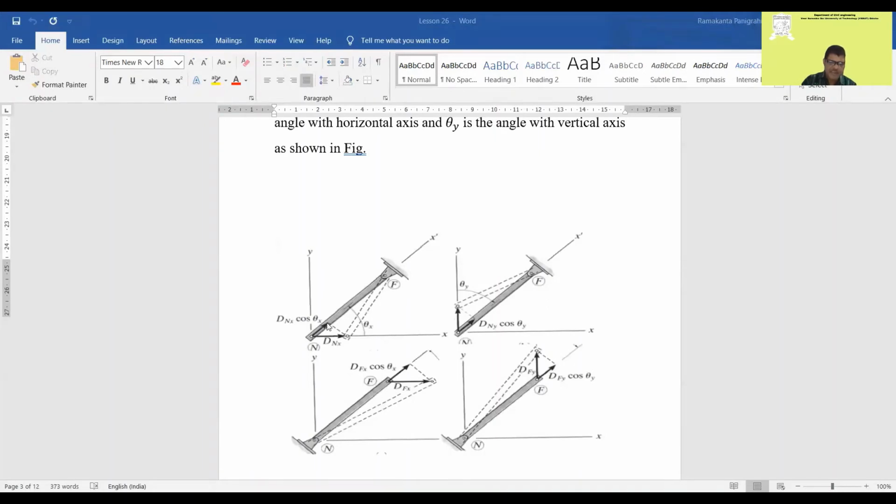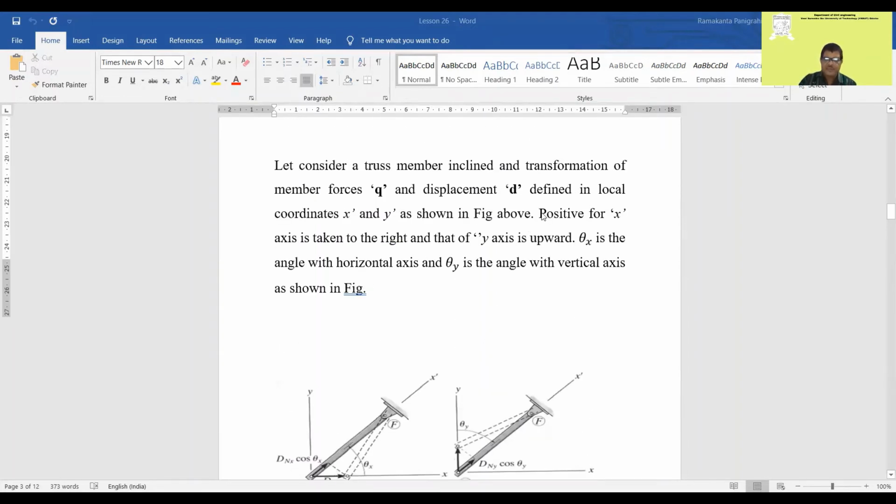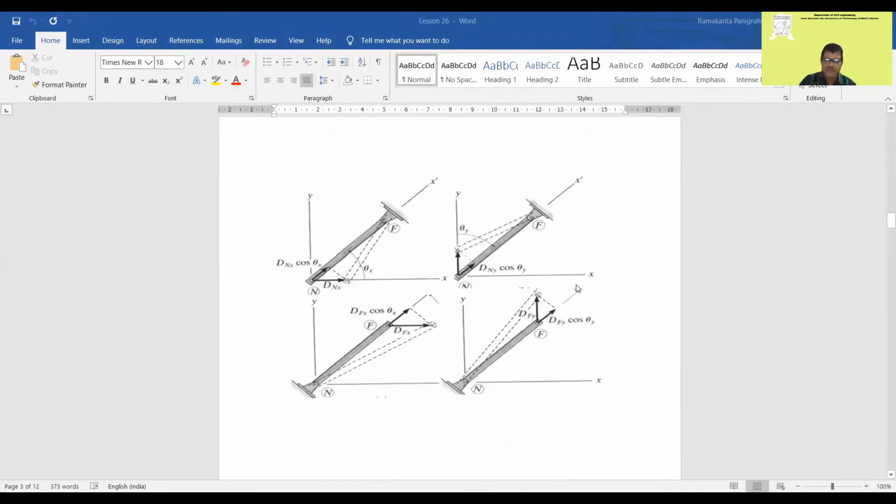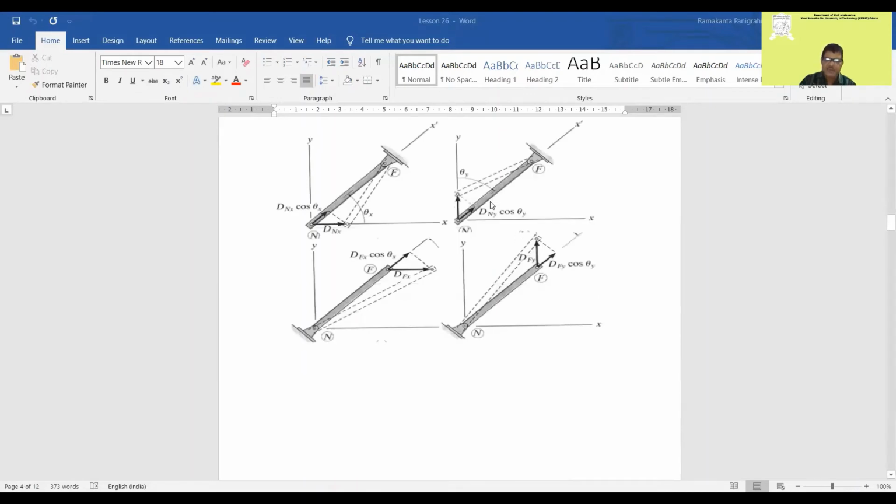Now if you are applying dn here, dn is a force, and it has two components. One will be here and one will be here. You can find the forces. Positive x axis is taken towards the right, positive y axis taken up. Theta x is the angle with the horizontal, theta y is the angle with the vertical, as shown here.